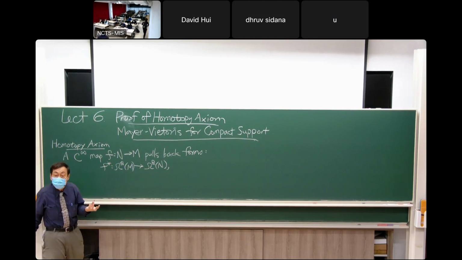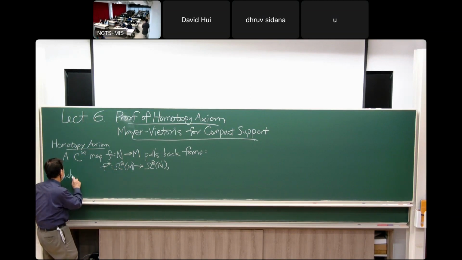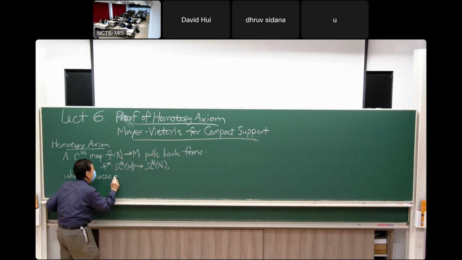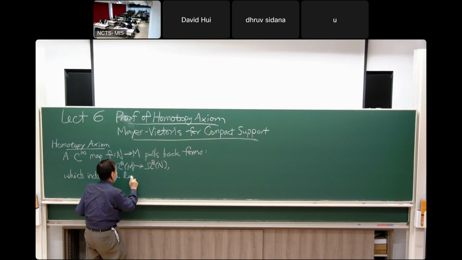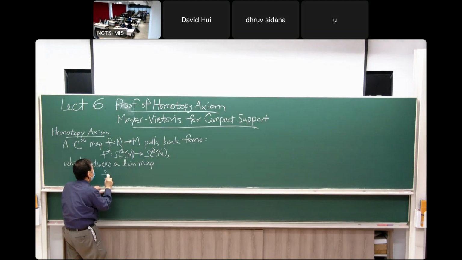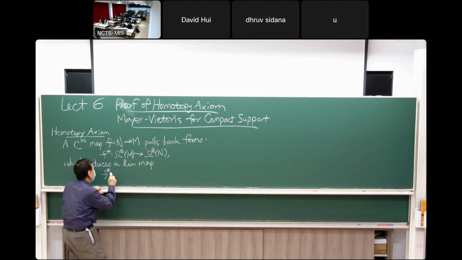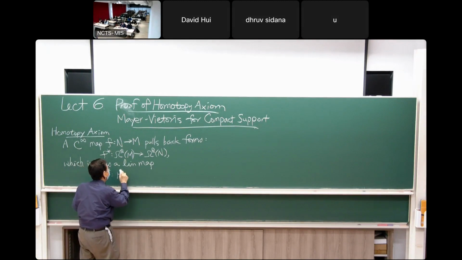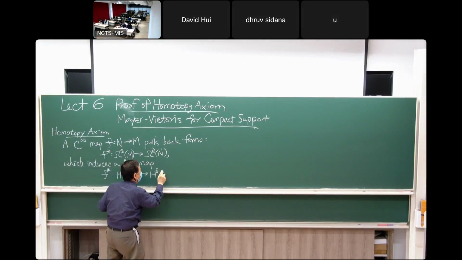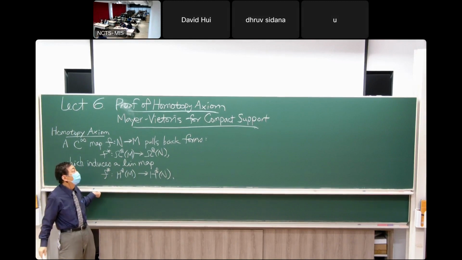So it's a cochain map, and the cochain map induces a map in cohomology. And that map I write as F hat. But we often also write this as F star. Okay?